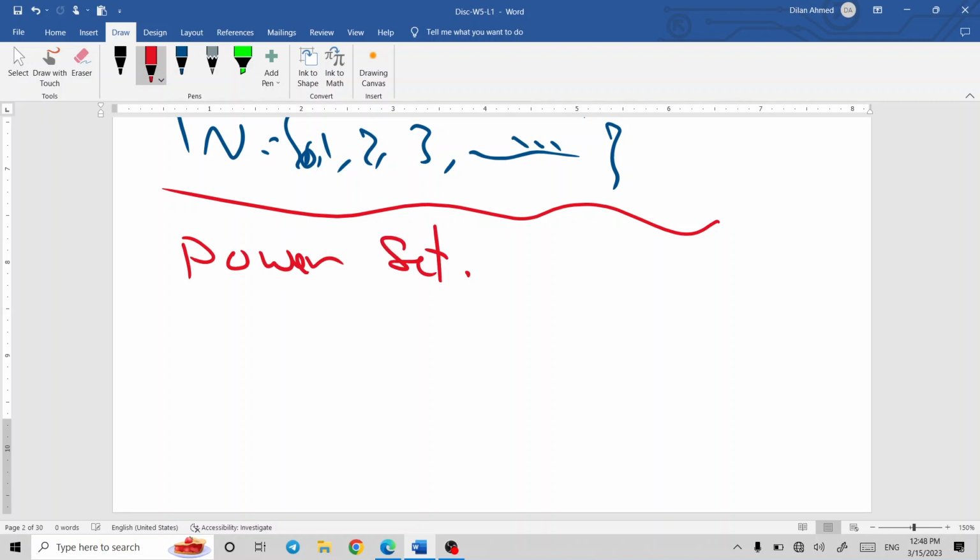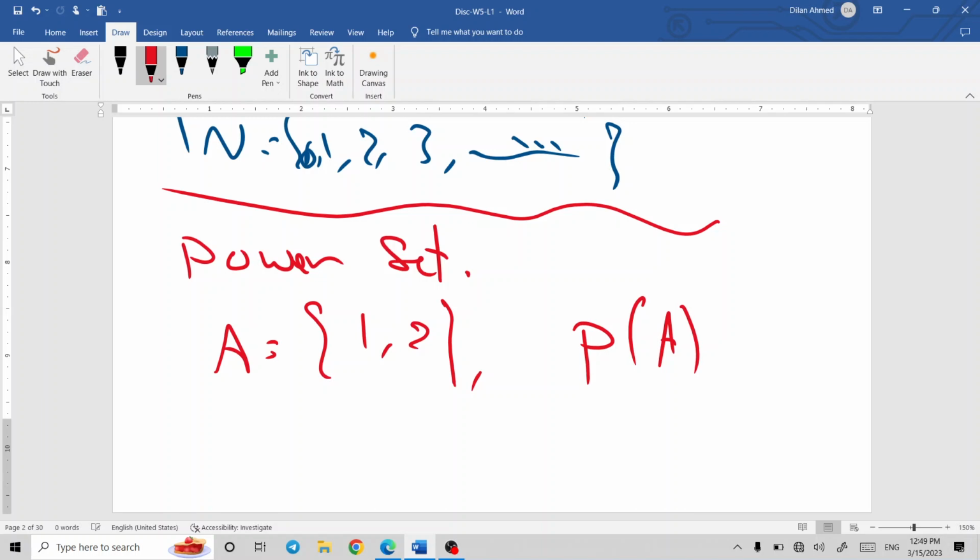What's a power set? For example, if you have A equal to 1 and 2, and I say find the power set of A, it means that you have 2 to power 2. So the power set is 2 to power the number of elements, or let me say the cardinality.